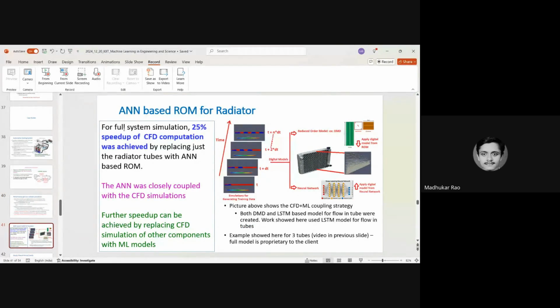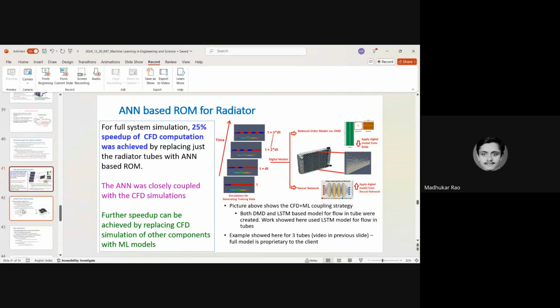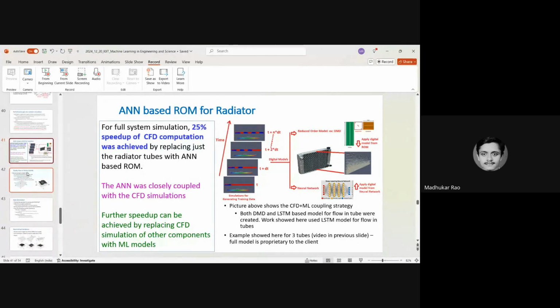So for the full system simulation, we got 25% by replacing only the radiator tubes with the artificial neural network. So we embedded that into the CFD computation itself, and the CFD computation was sped up by about 25% just by removing the radiator tubes. So each time you replace, for example, the pump, the battery pack, and so on, you get further speed up of that. So this was a very interesting coupling between CFD and machine learning.